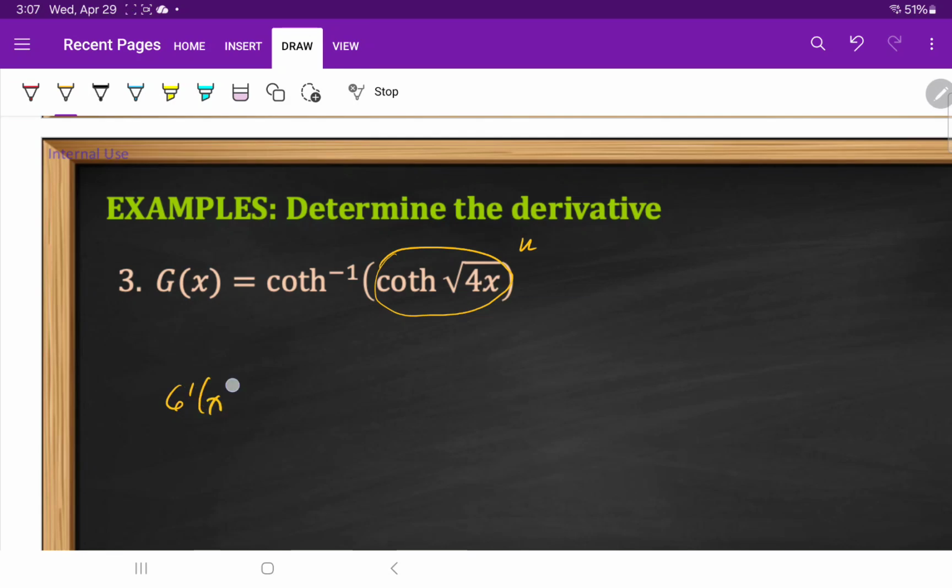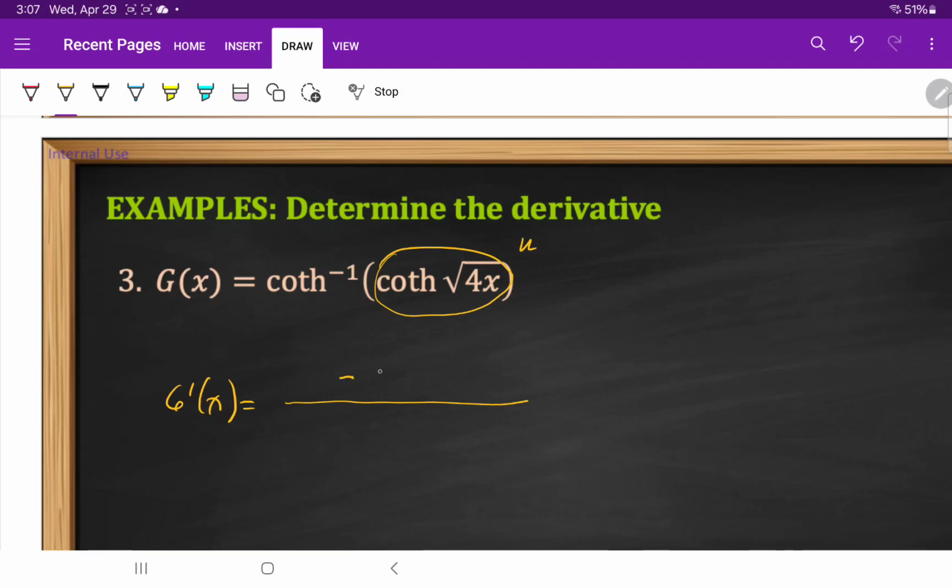G prime of x. So in the numerator, we write the derivative of hyperbolic cotangent. And what's the derivative of hyperbolic cotangent? Remember, the first three are positive: sine, cosine, tangent. Then, what's the derivative of hyperbolic cotangent?